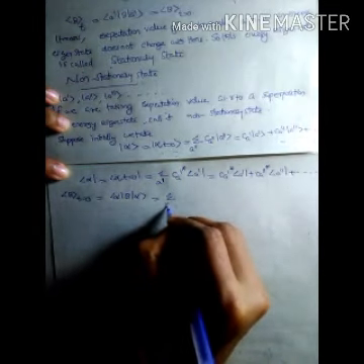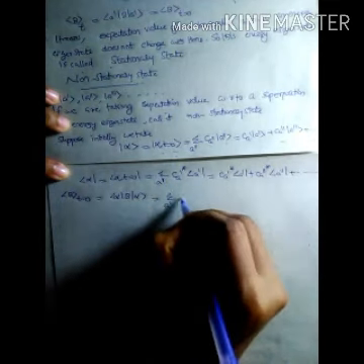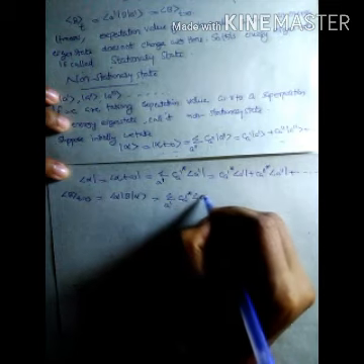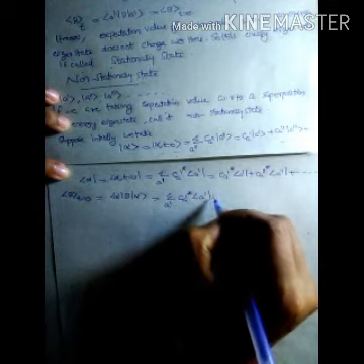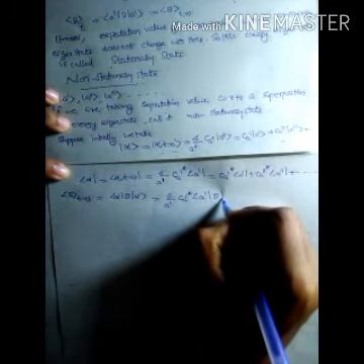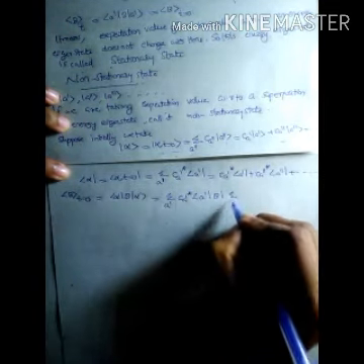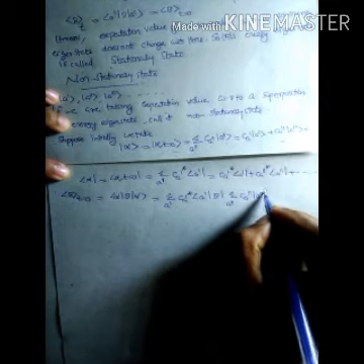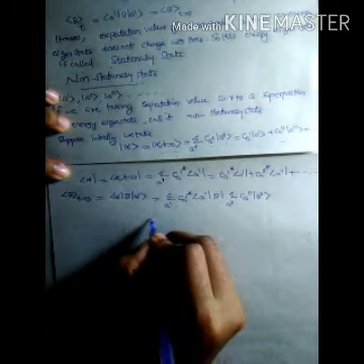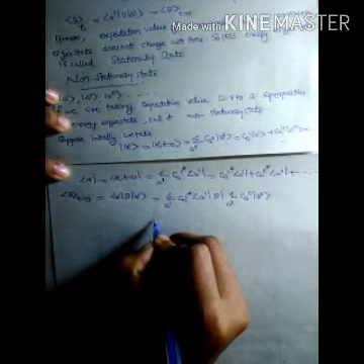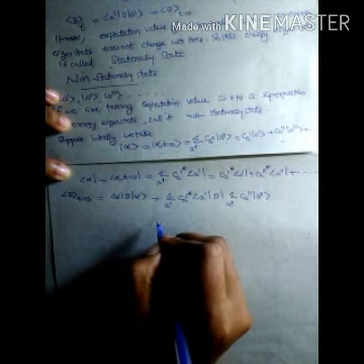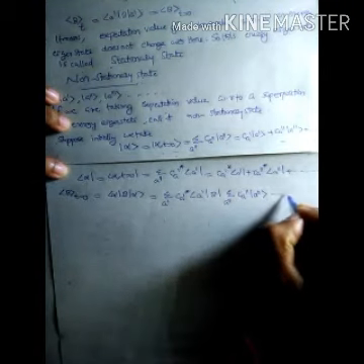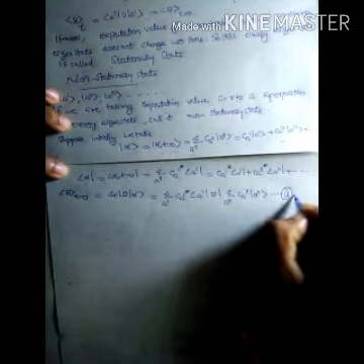So substituting the bra value of alpha, summation over a' of c_a' conjugate <a'| B, and the ket alpha value, summation over a'' of c_a'' |a''>. This is our expectation value at t equal to 0, equation number 2.